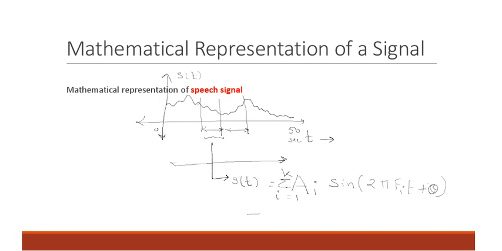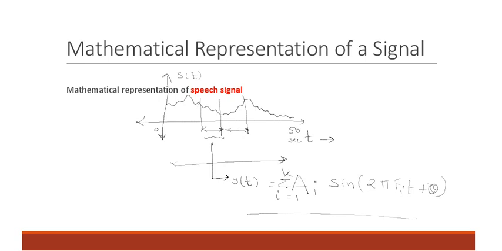Now using a single equation I can formulate all the segments of the speed signal. The a_i indicate the amplitudes, and the f_i indicate the different frequencies involved in the speed signal. This way we can represent any signal mathematically.